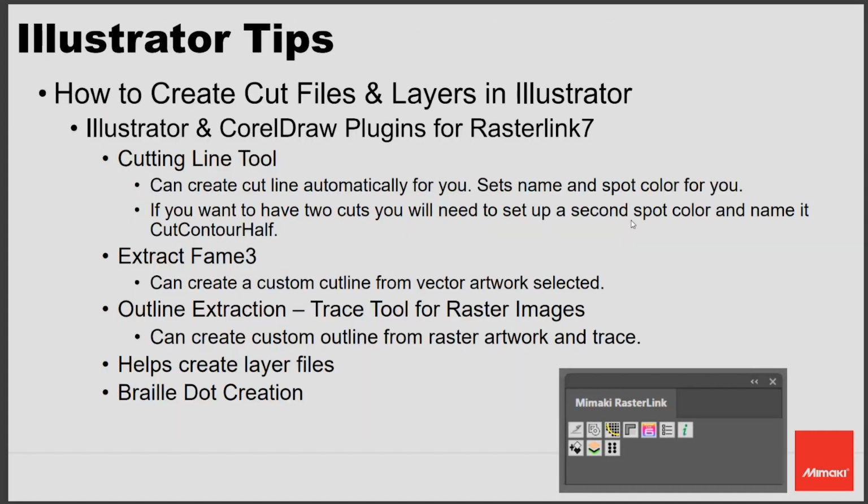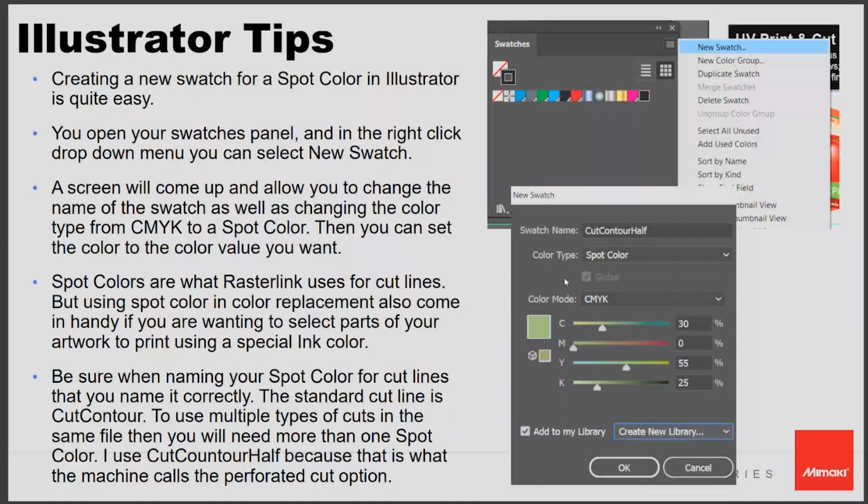Next, and this kind of goes over all of that, but one I definitely want to touch on is creating spot colors. If you're doing cut lines and you want to create cut contour half: whenever you're creating a cut line, the name for it is cut contour, which you can see right there.